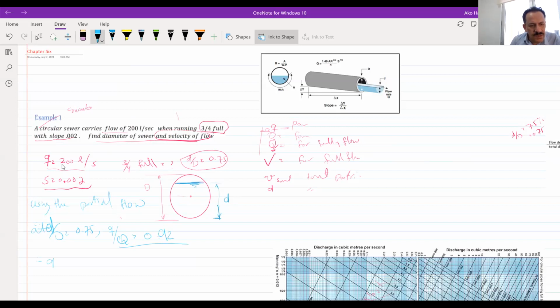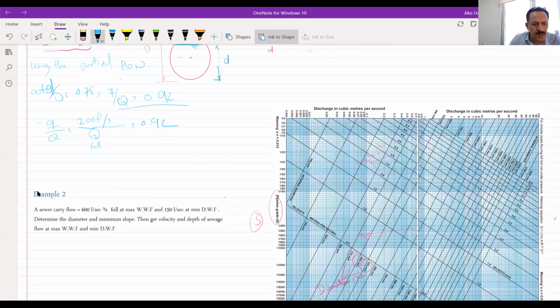Okay, so small q over capital Q is equal to 200 liter per second divided by capital Q. I can say this is a full flow, and it will be 0.92. Now, how much will be the Q then?